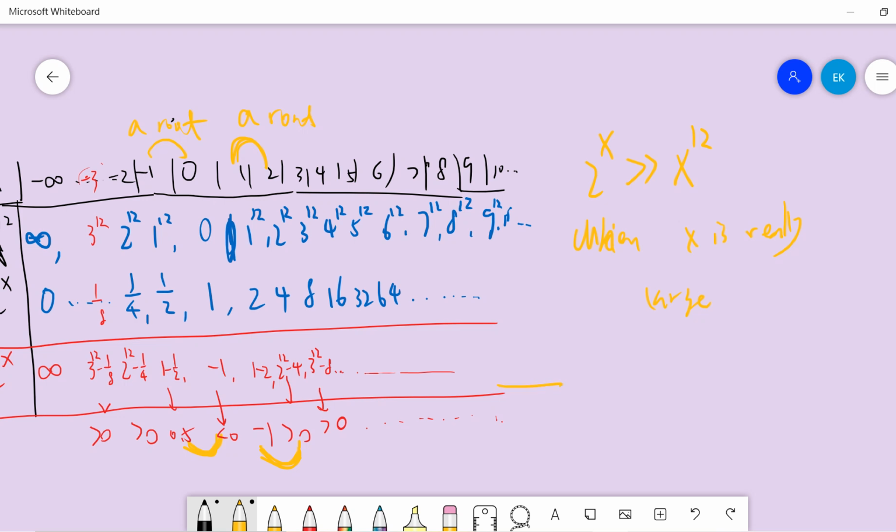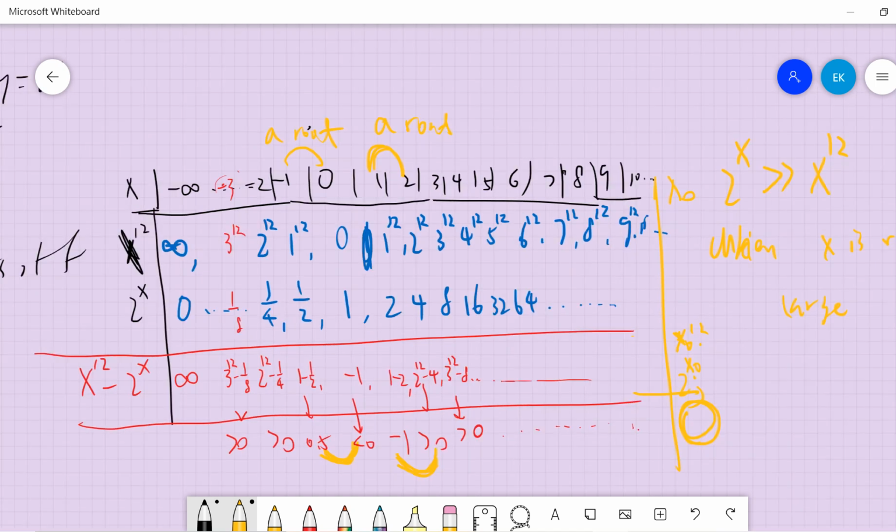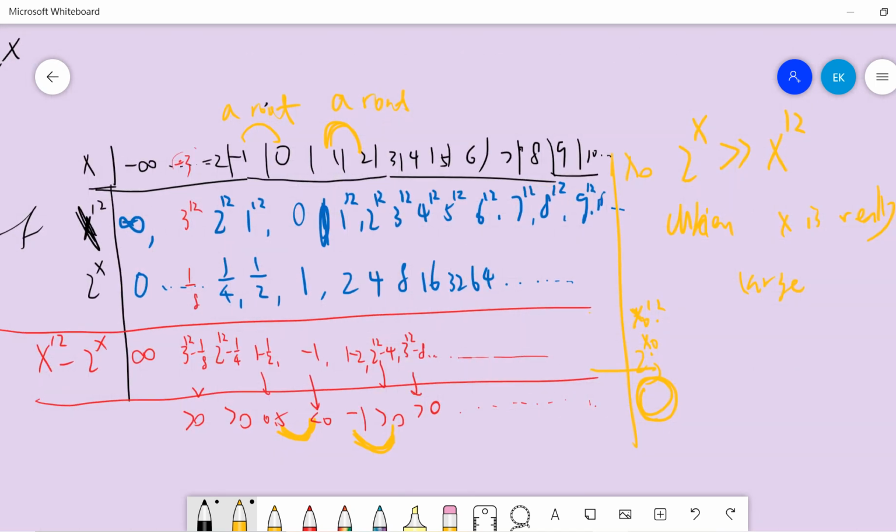So when x is very, very large, you can find some point x naught where 2^x naught is larger than x naught^12. Since we use x^12 minus 2^x, this must be negative. So there must be a root from here to here.